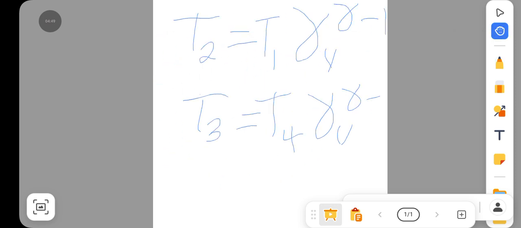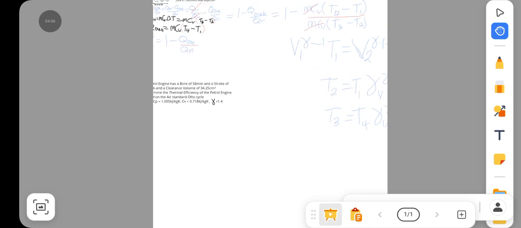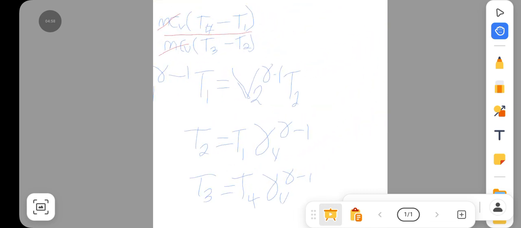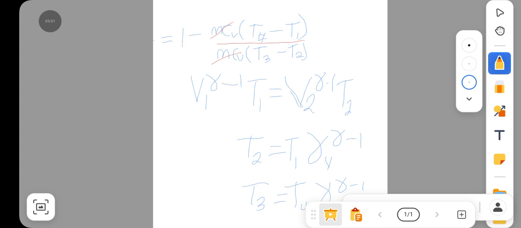So we just input these values into the denominator of this equation, the one that we have over here.